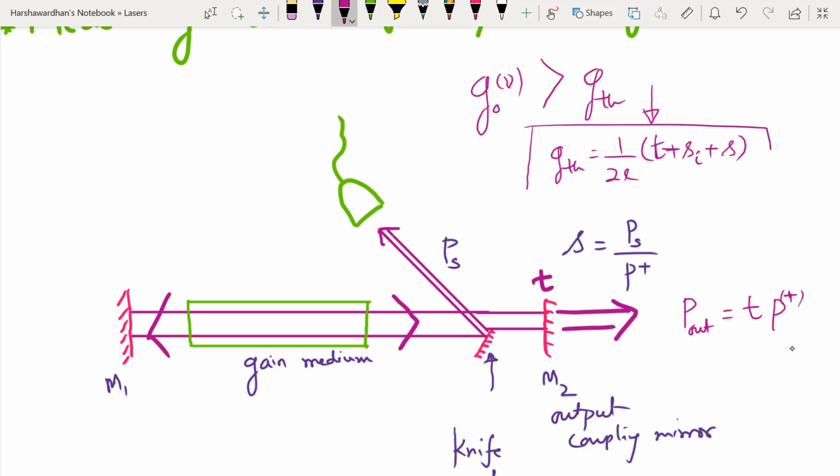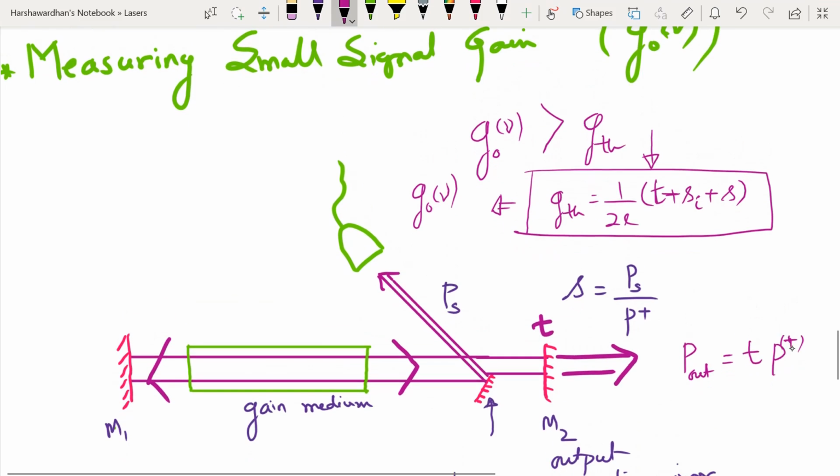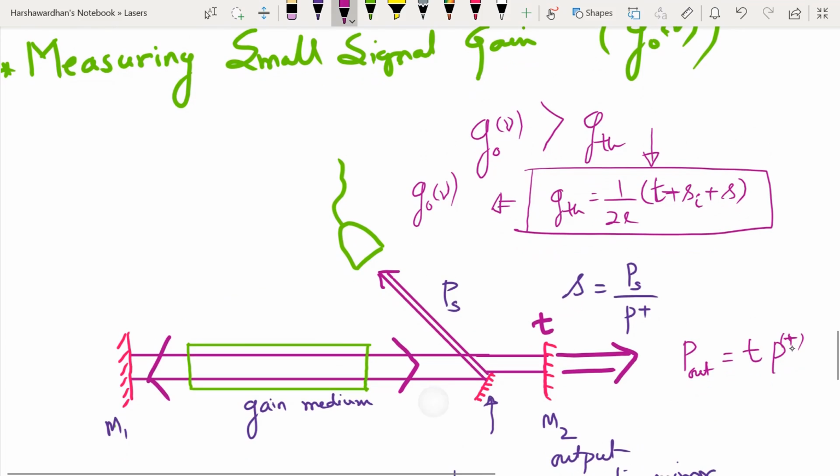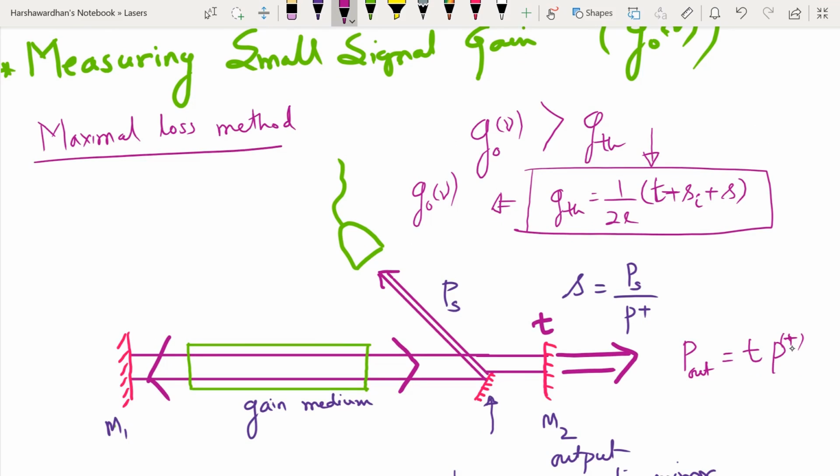This threshold is measurable because I can measure individually all these quantities, and this value is how one actually measures the G naught of nu, right? That's why this is called the maximal loss method to measure the small signal gain.